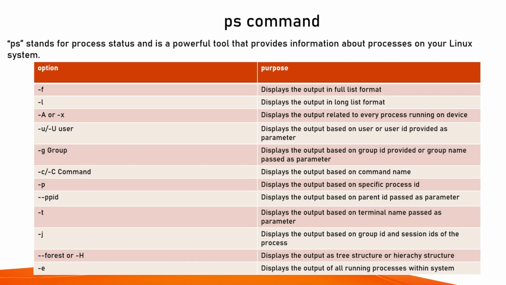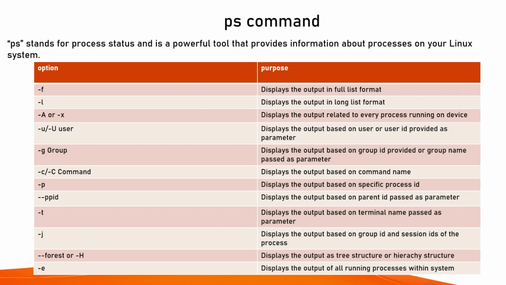It will display the output based on the group ID or the group name provided as the parameter. The next one is small -c or capital -C, which is nothing but a command, and it will display the output based on the command name which you pass as a parameter.